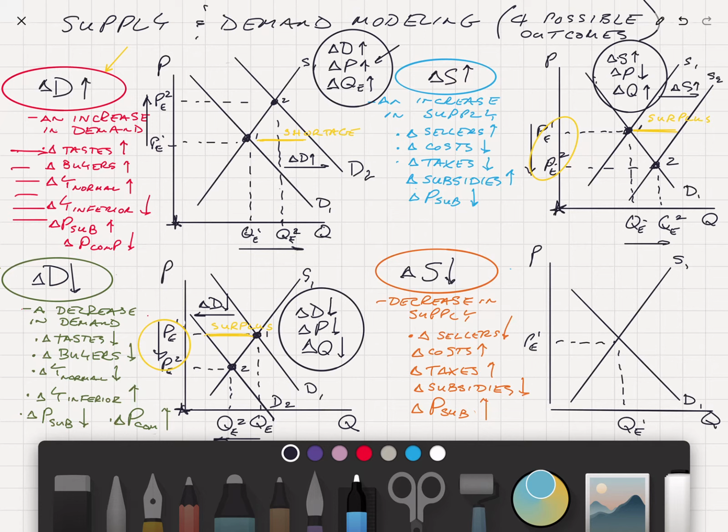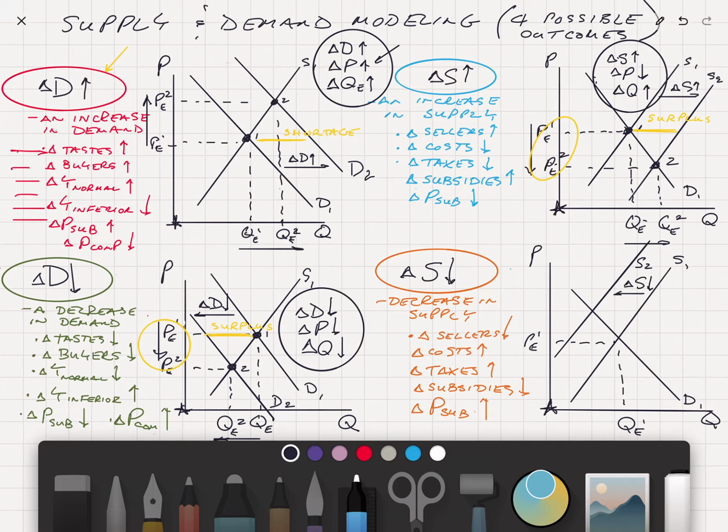And then lastly here, we're going to look at a decrease in supply, and this is in the lower right of your screen. Which way is the supply curve going to shift? This is your frame of reference. It shifts in, or closer to, this would be S sub 2. Here is your decrease in supply.